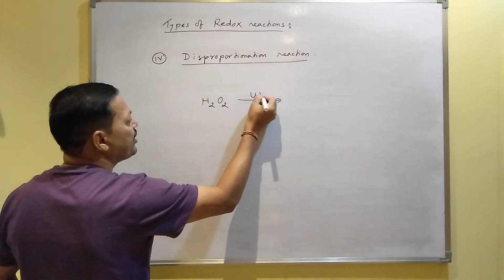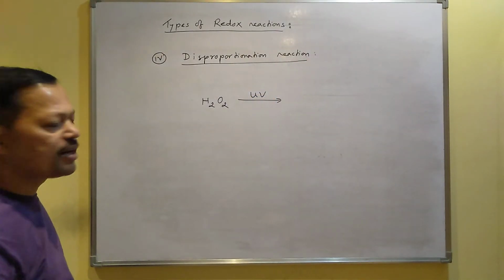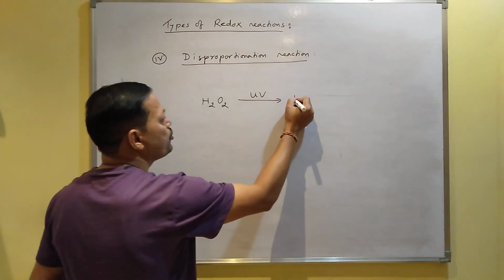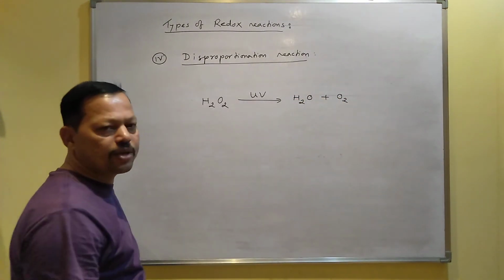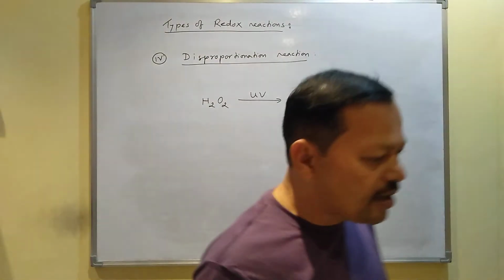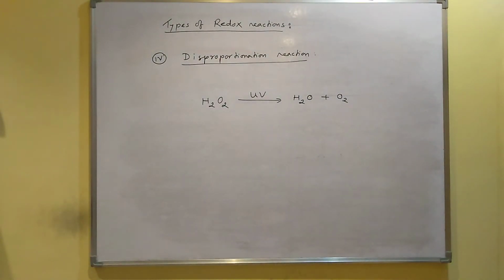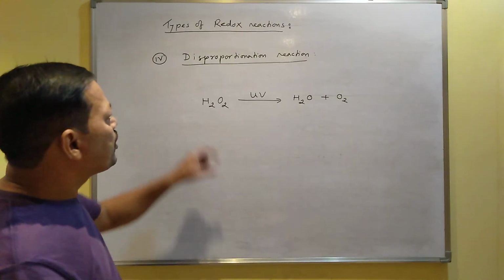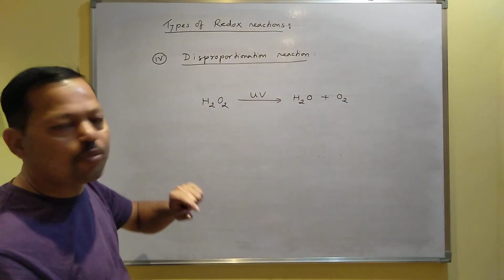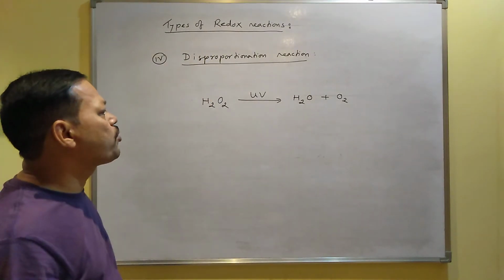In presence of light, hydrogen peroxide undergoes decomposition and it produces water and oxygen. And that is why hydrogen peroxide is always stored in a dark colored bottle, because in presence of light, hydrogen peroxide undergoes decomposition to produce water and oxygen. This is one example of decomposition reaction also. But this reaction is specially called disproportionation. You will get why it is called disproportionation reaction.